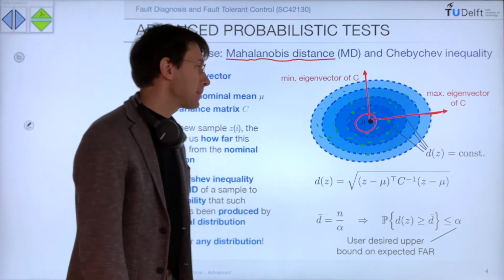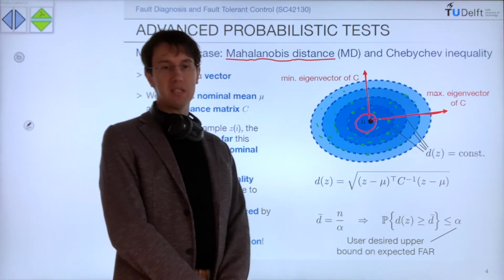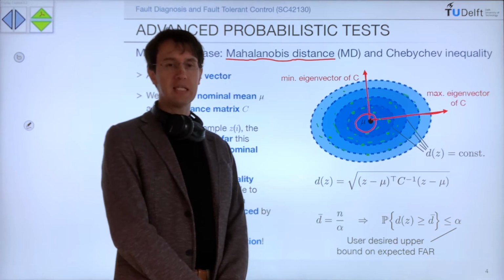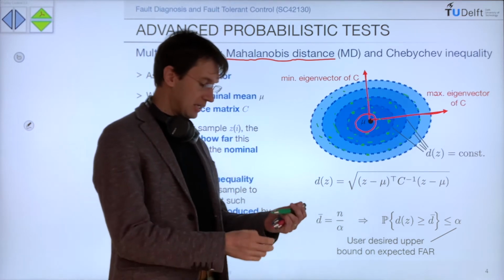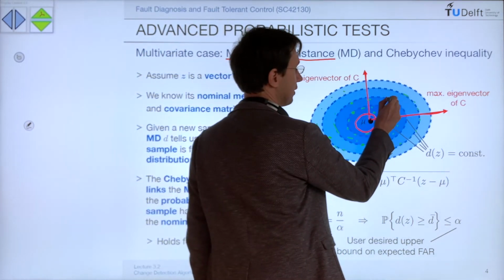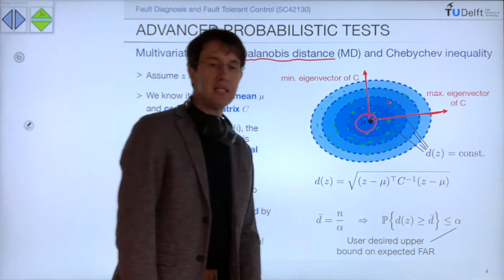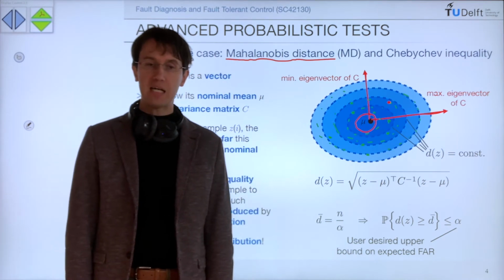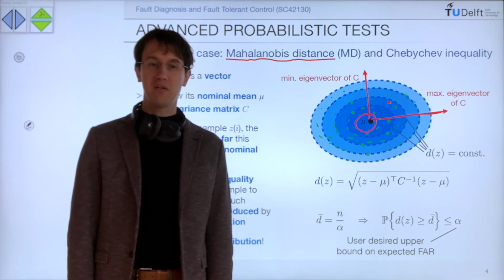Well, now the question that the Mahalanobis distance is asking is, okay, given a value of one sample, like this one, is this sample far or not from the mean?